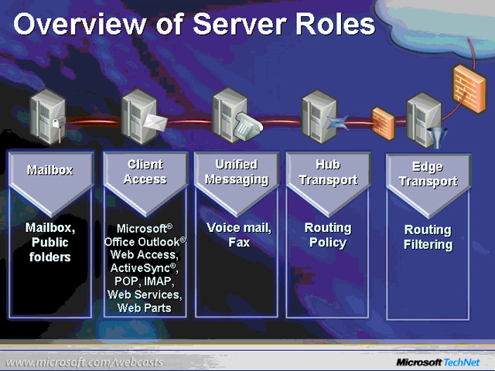Then the client access role is for breaking out the protocol accesses from a client perspective, and that's protocols such as HTTPS, HTTP if you really want. So that's our Outlook Web Access clients, Exchange ActiveSync for your Windows mobile devices, POP3, IMAP4, and also Outlook Anywhere. If you've been using that feature in Exchange 2003, we referred to that as RPC over HTTP, and I always say S, but we've now relabeled that as Outlook Anywhere.